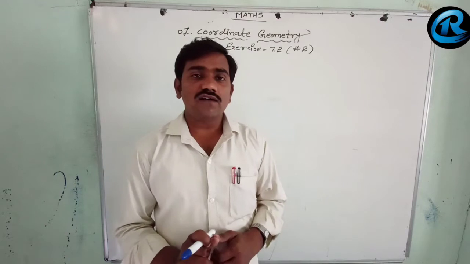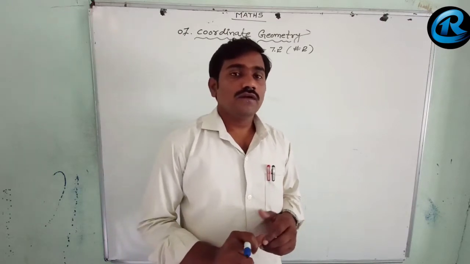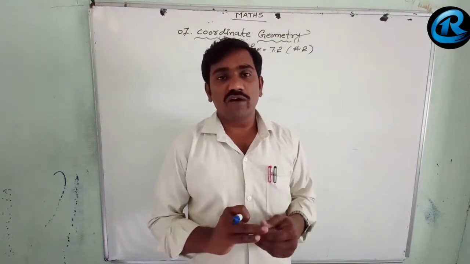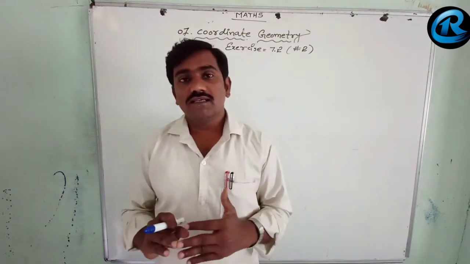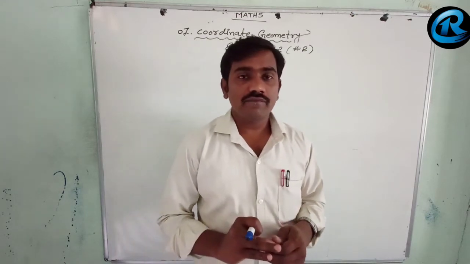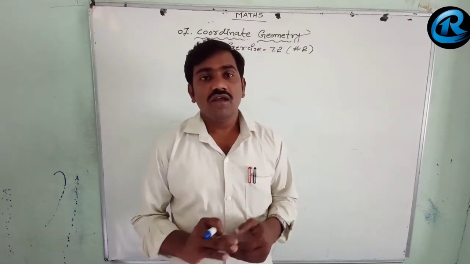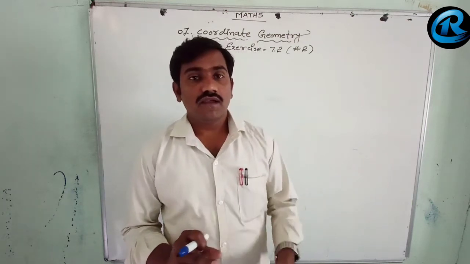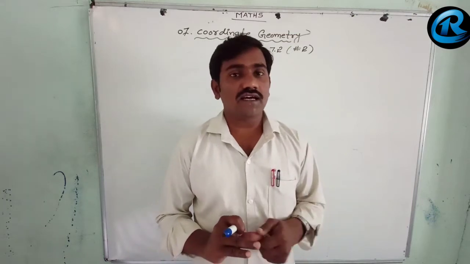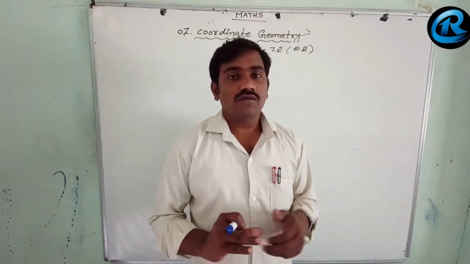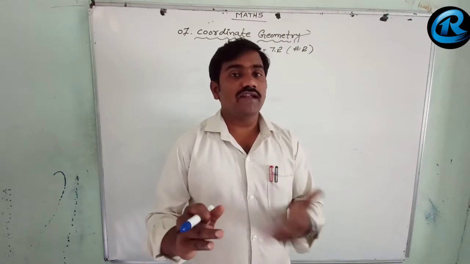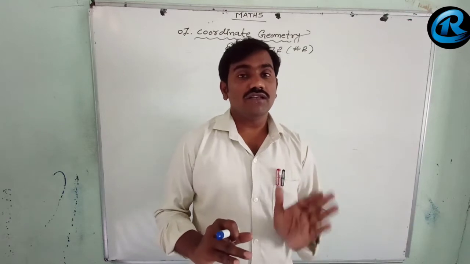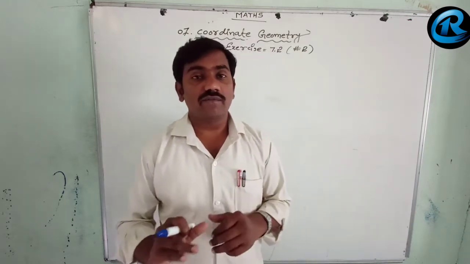In part 1 we already discussed what the section formula is, what the midpoint formula is, what the centroid of a triangle is, and the meaning of trisection: in what ratio P and Q divide the line segment AB, and in which ratio the centroid divides the median.